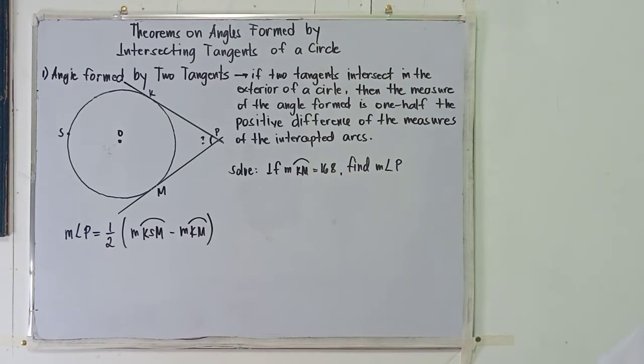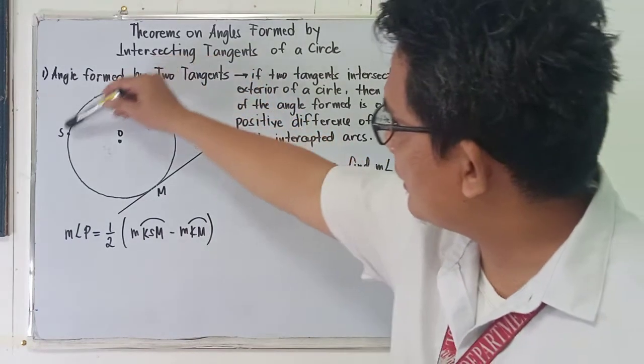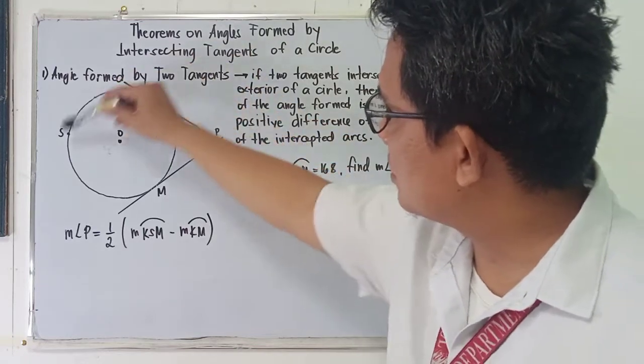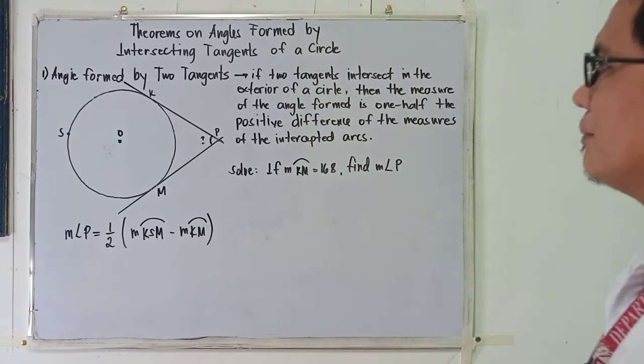The first thing we are going to do is solve for the measure of either of the two arcs. So I have here an example.